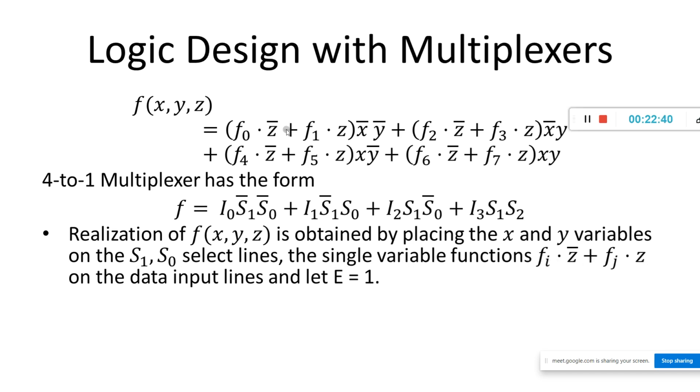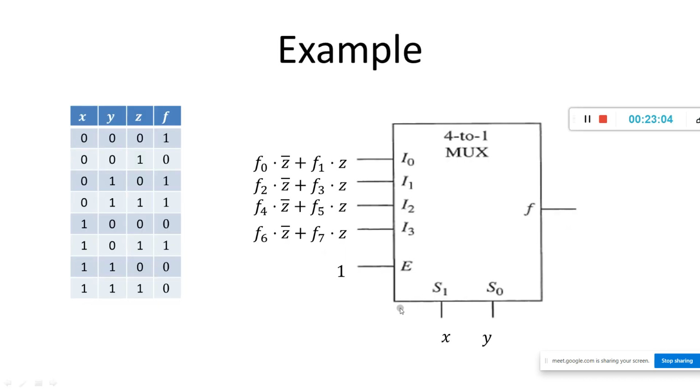All these forms are in the same form, f0, f1, f2, f3 and so on. So it is written fi into z bar plus fj into z on the data lines, and let E be equal to 1. When I try to reduce this fi into z bar plus fj into z, it becomes 0, 1, z or z bar.